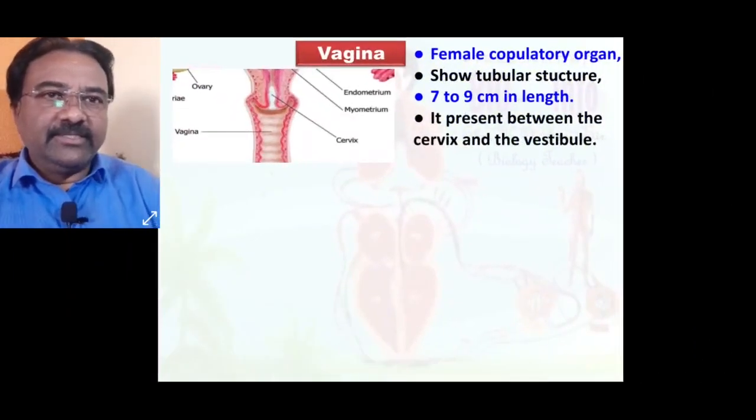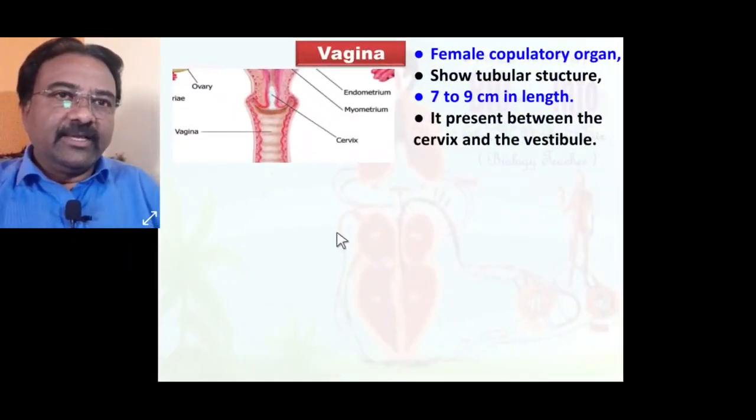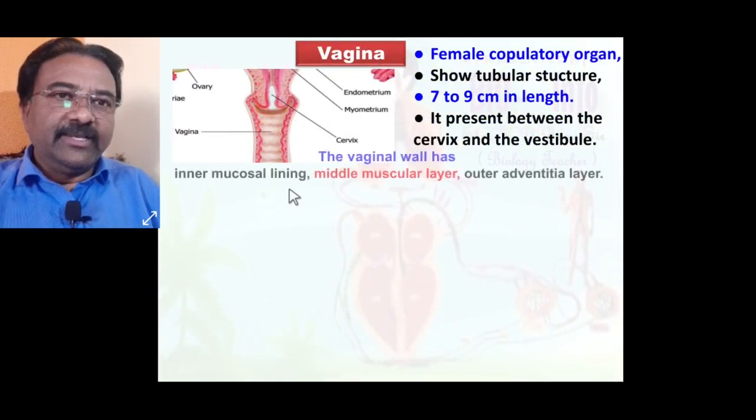So here we see the diagrammatic representation of the vagina. The vaginal wall has an inner mucosal lining, a middle muscular layer and an outer adventitia layer.